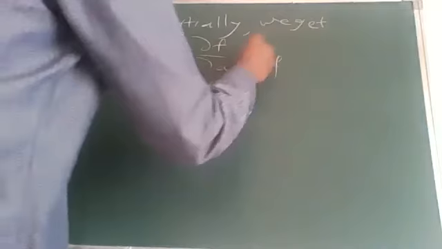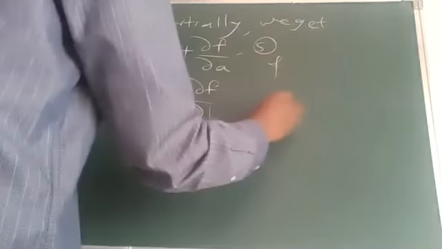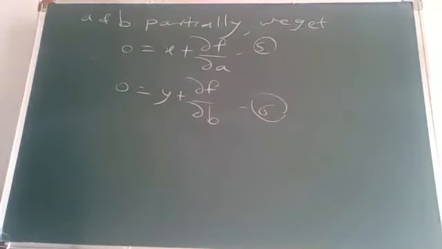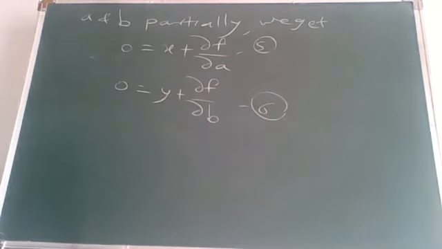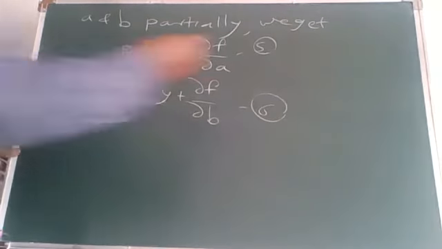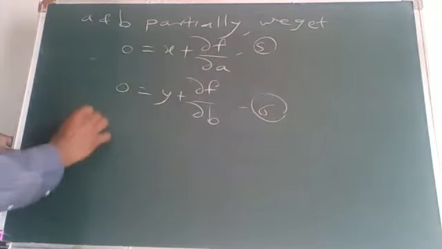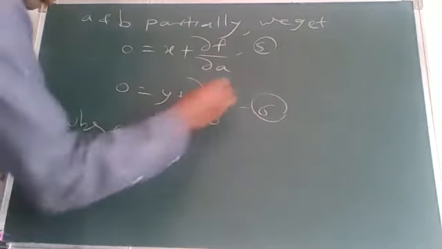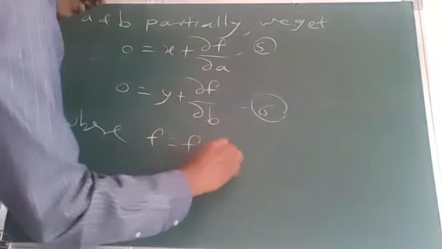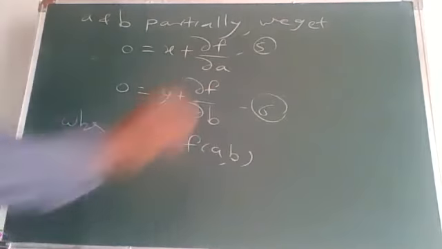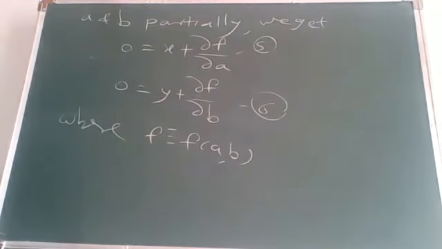Call these equations 5 and 6. Here small f stands for f of ab.